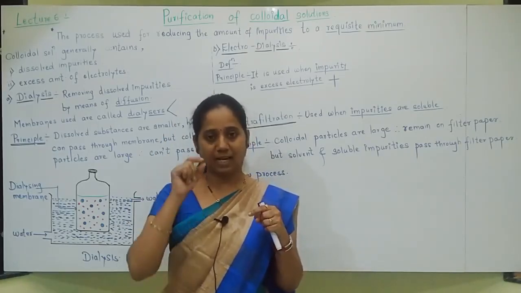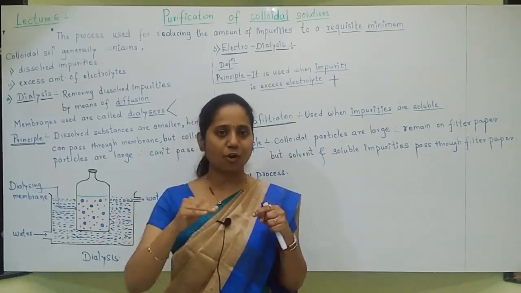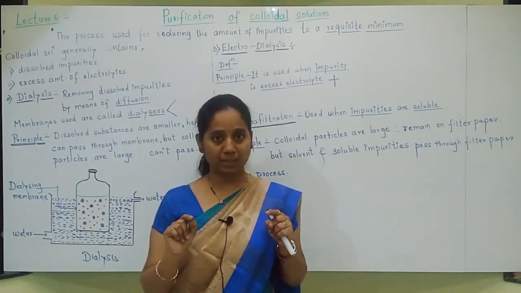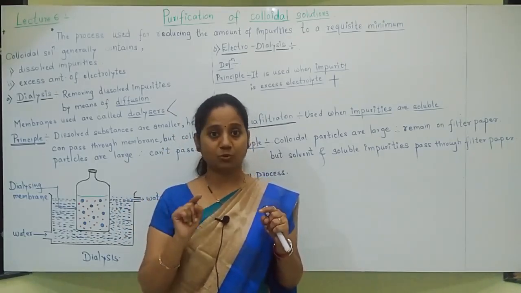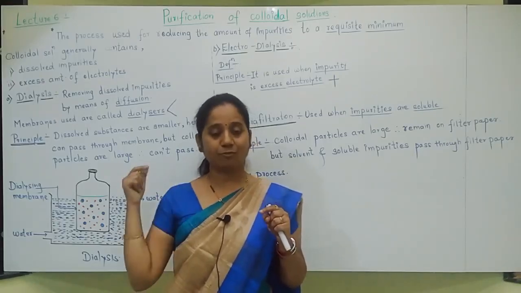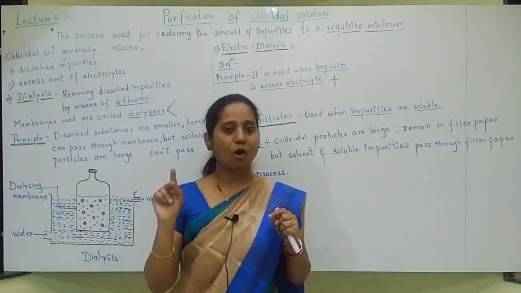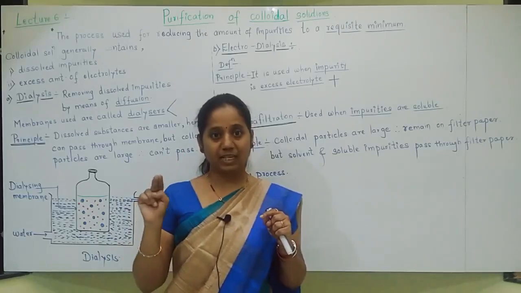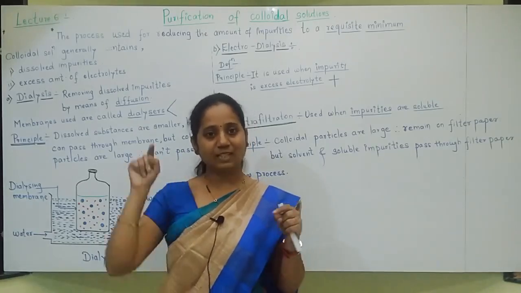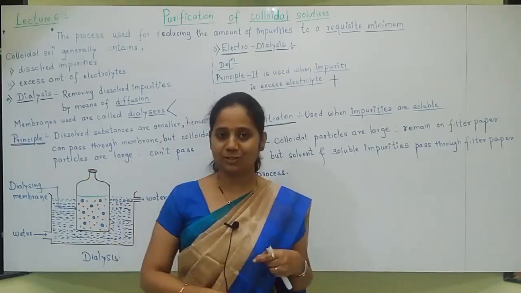Colloidal particles are small enough to pass through ordinary filter paper, but they do not pass through animal membrane or parchment paper. So for dialysis either animal membrane or parchment paper is used. This is the application of that, which is why I took that topic in the differentiation of true solution, suspension and colloidal solution.